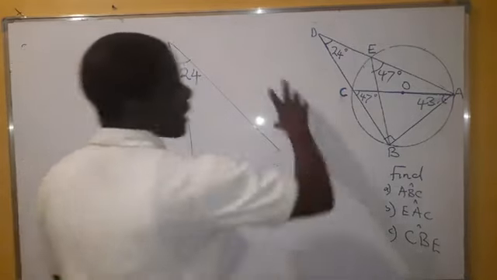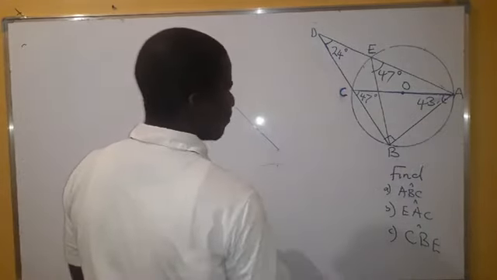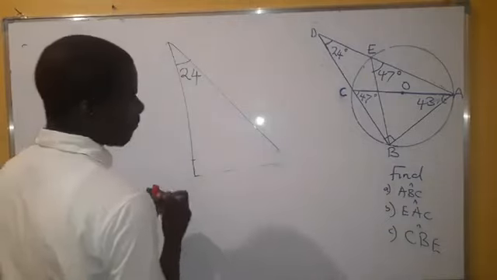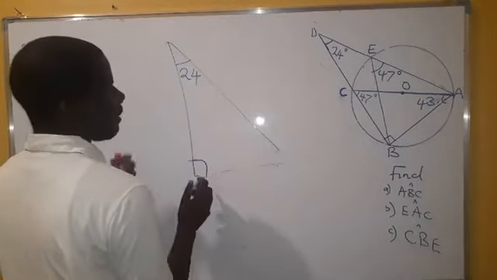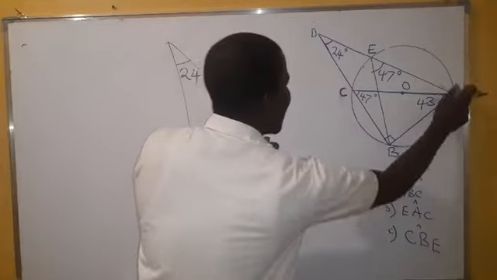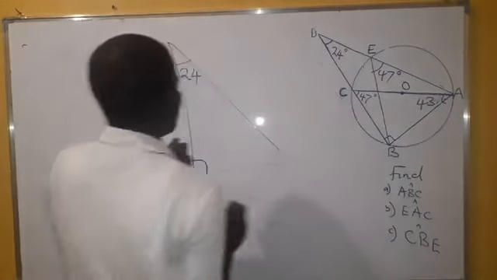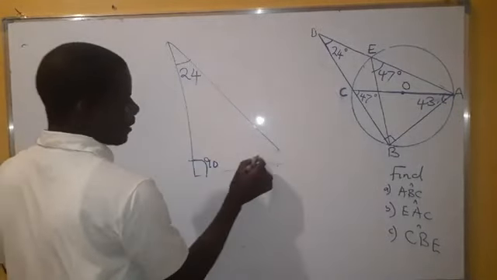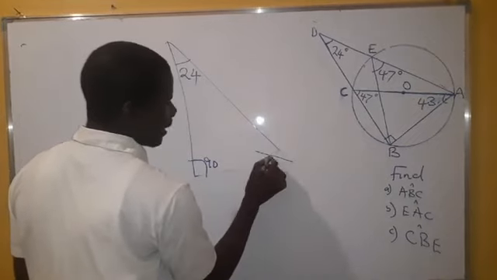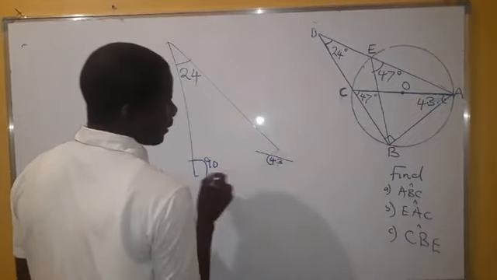Then I come back to the bigger triangle now. The bigger triangle where we have, this is 90. The bigger triangle, which is A, B, D. Now, here we have 90 degrees. And what do we have here? Here I have said already this part we got 43.